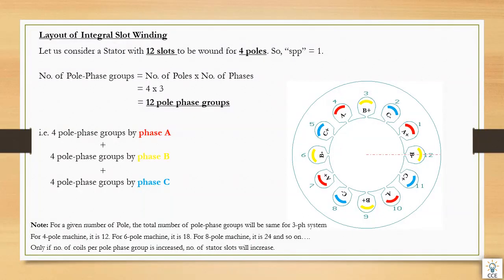But the number of slots can be distributed into multiple slots: instead of one slot, I could distribute my phase A windings into two slots, or say three slots. In that case the stator slot number may increase, but still the number of pole phase groups will remain constant. So it is not dependent on the number of slots that you have in the machine.